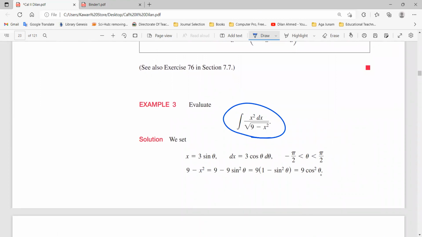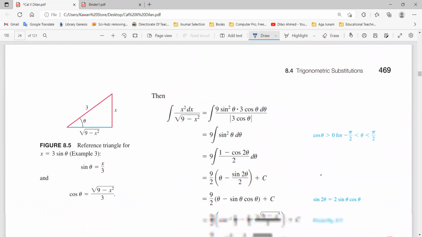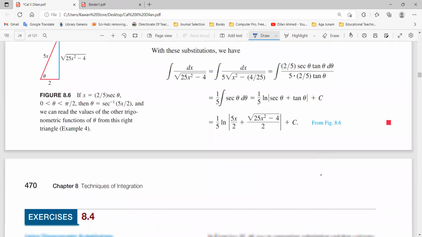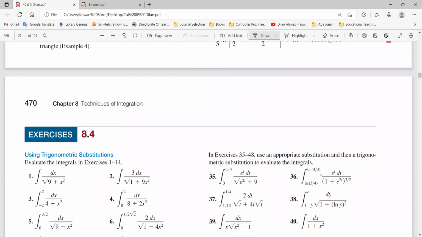Okay, so how do we solve that one? And again, example number 3, or number 4 here, such examples like that. So how do we solve those examples together?